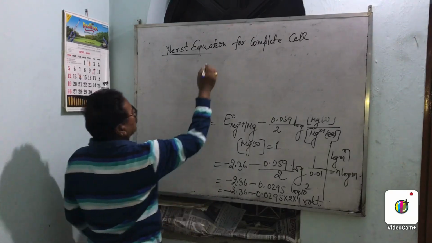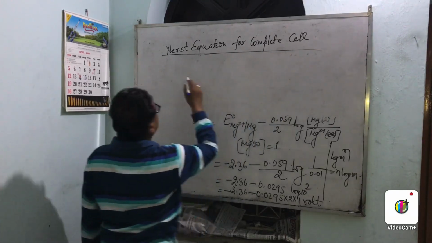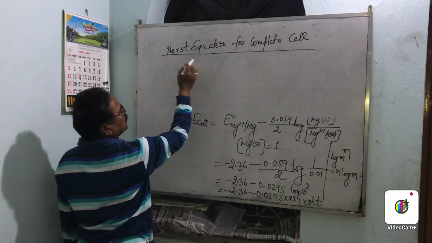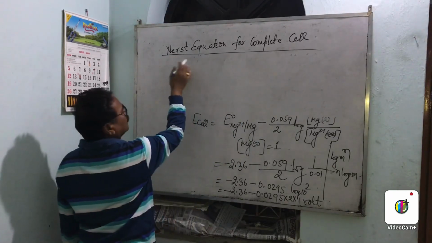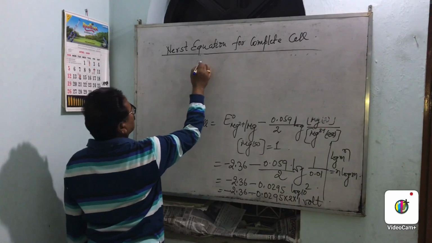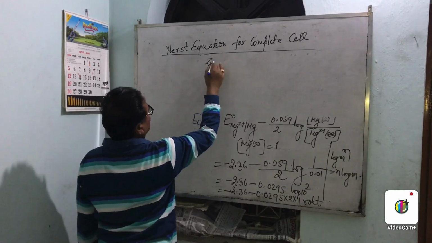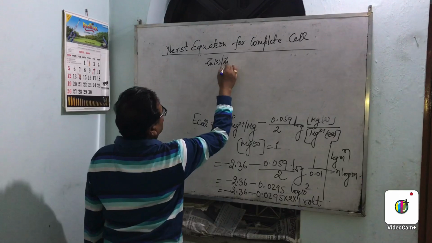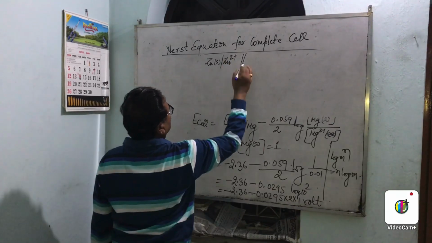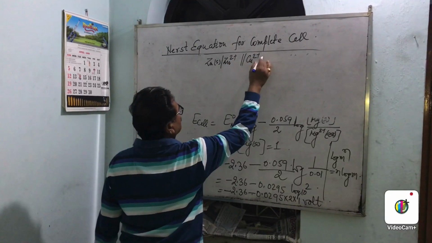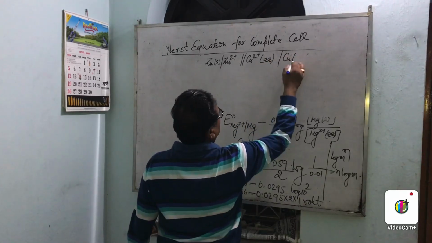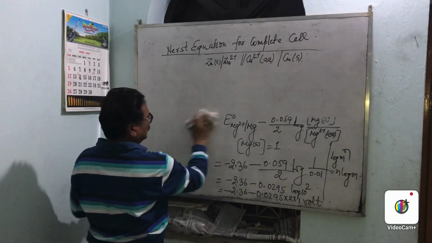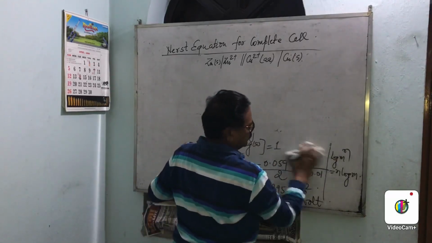Now we consider the cell potential Nernst equation for a complete cell to calculate cell potential. So the cell is, suppose, Zn solid, Zn2+, and this one is Cu2+ aqueous, and Cu solid, right? This is a cell.